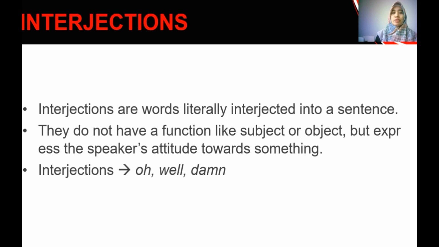The examples of interjections are like the one I showed you in the previous slide, or words like oh, well, damn, right? So this kind of words actually do not have functions in a sentence, but they convey the emotion or the attitude of the speaker about something they experience.